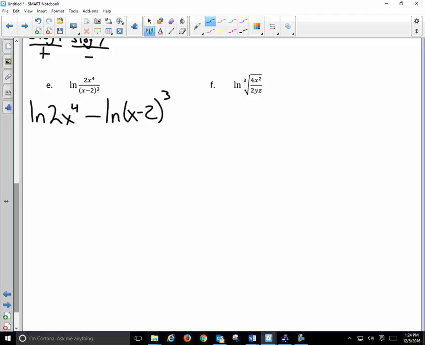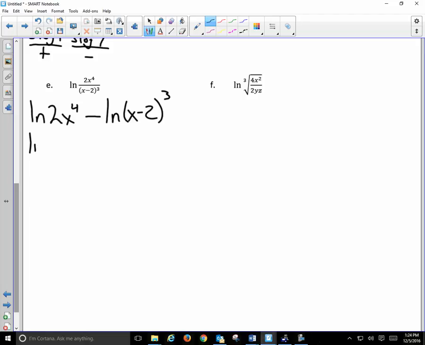Let's look at this one right here. It looks like I have a 4 that can move out. It looks like you need to separate the 2 and the x to the 4th. What should I do first? Should I do the 4 or the 2? The 4. Why? Yeah, reverse order. If you think of reverse order, if I plug something in, I would take it to the 4th, and then I would multiply it by 2.